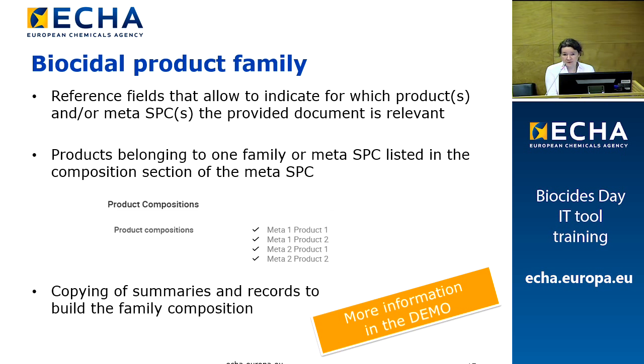There are more such links now, and the products belonging to one family or one meta-SPC are now listed in this meta-SPC composition or the whole family composition. There is one additional field, and also an easy way of copying summaries and records for the family to build the family composition. More information will be in the demo.